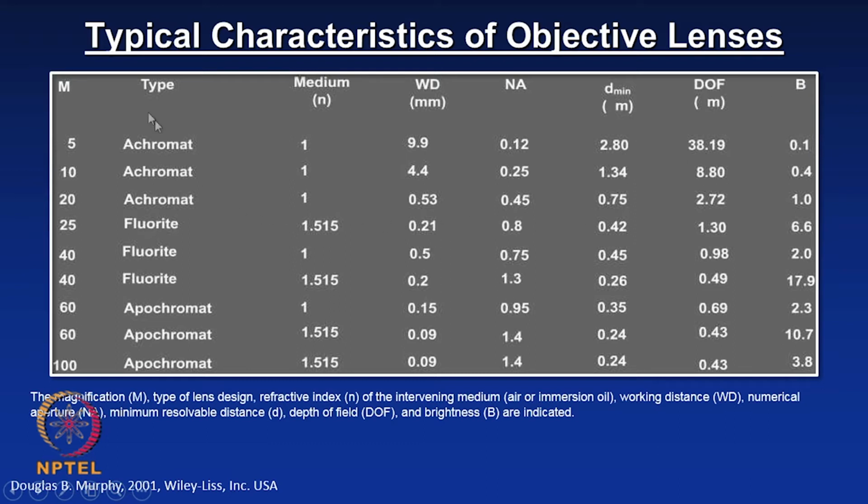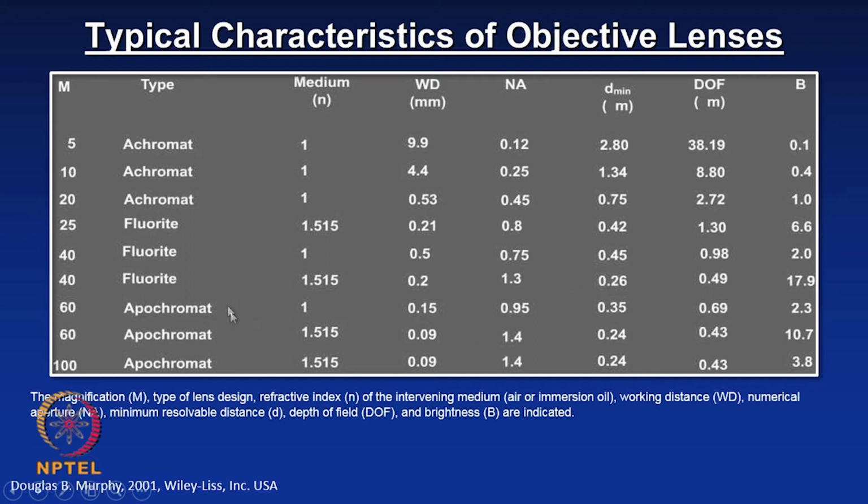So you see that as the magnification increases, how these values are changing. And you can also see how the refractive index influences the other parameters, especially depth of focus and minimum resolvable distance and so on.